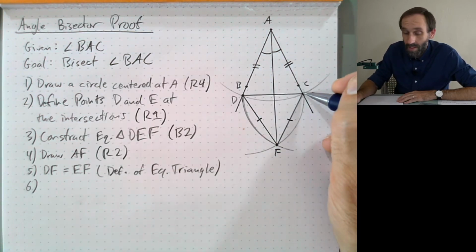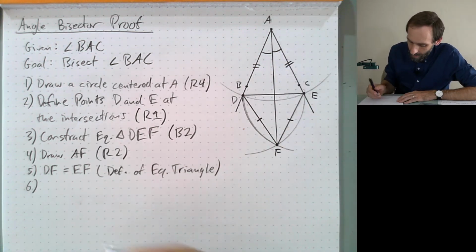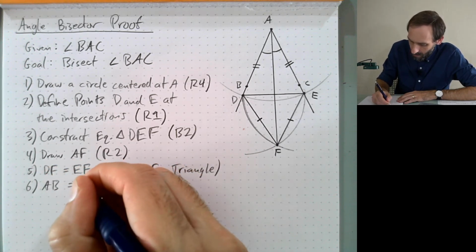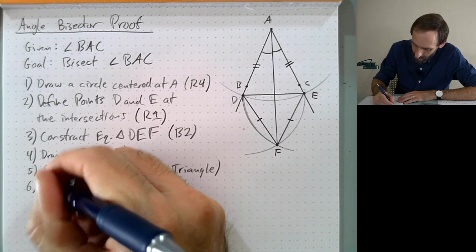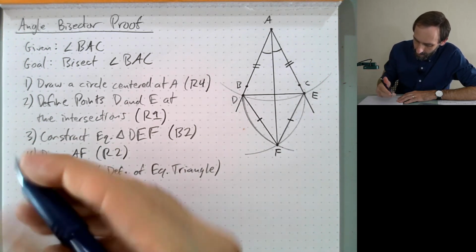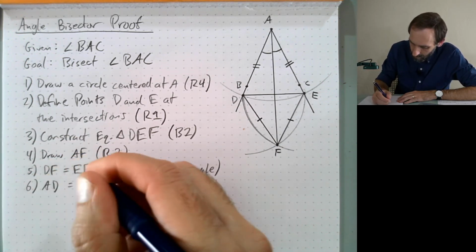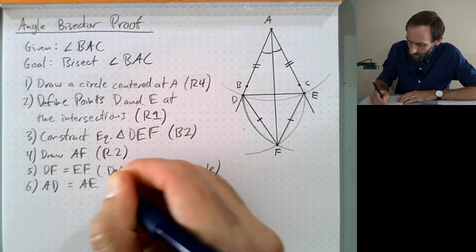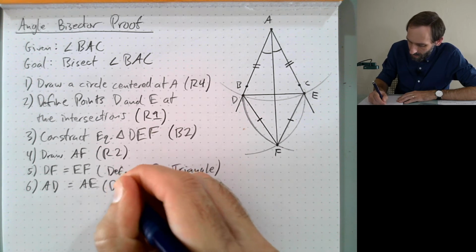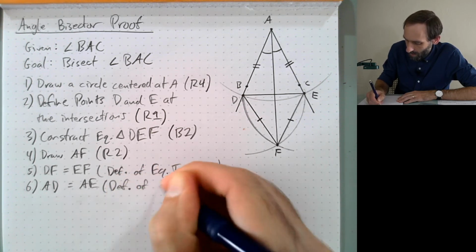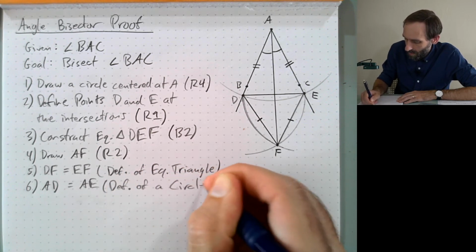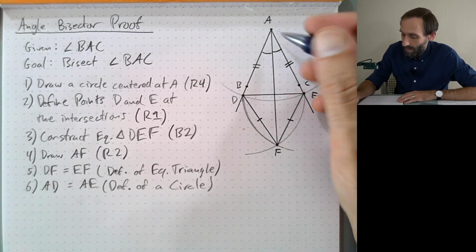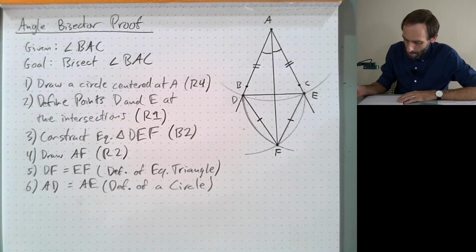Well, they're defined based on the points of a circle centered at A. So AD is equal to AE, and that is the definition of a circle. Because these two points are on a circle centered at A, these lengths are equal.